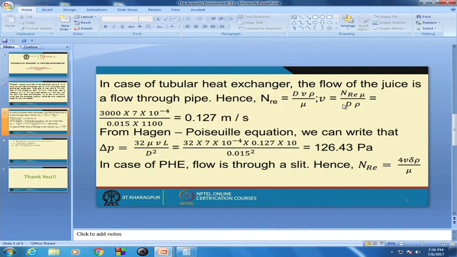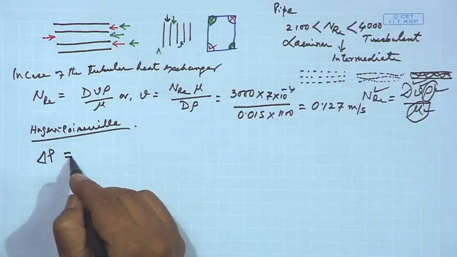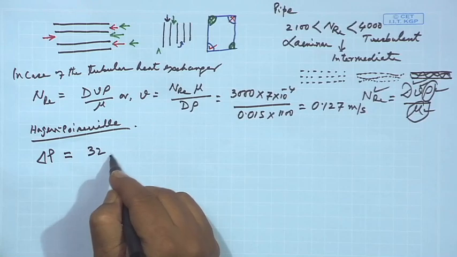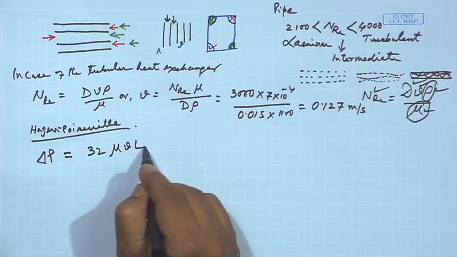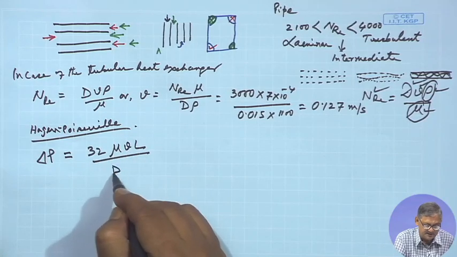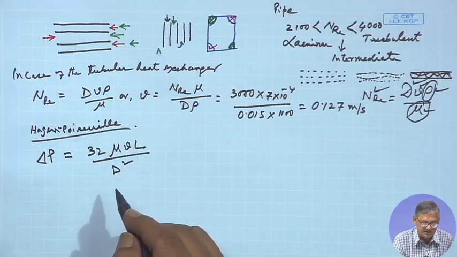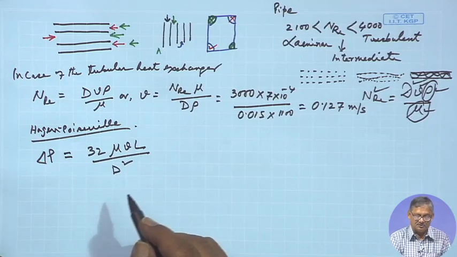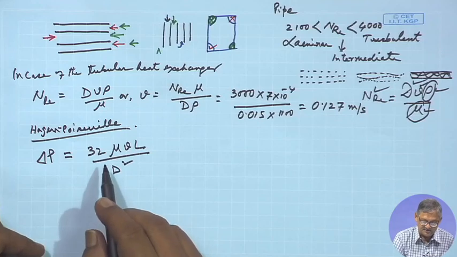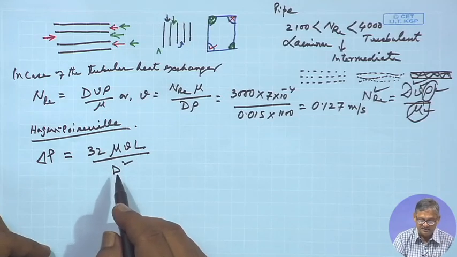If you remember, we have developed the Hagen-Poiseuille equation. So, delta P is equal to 32 mu V L by d square, right?